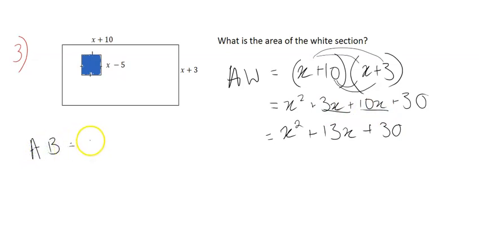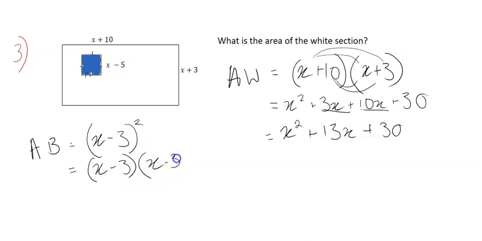So we know that it's x minus 5, and these little symbols tell us that all the sides are the same. So we know that we need to take that and square it. How do we do this? Again, we can just write this out. It's multiplied by itself, and we use the same method of brackets.